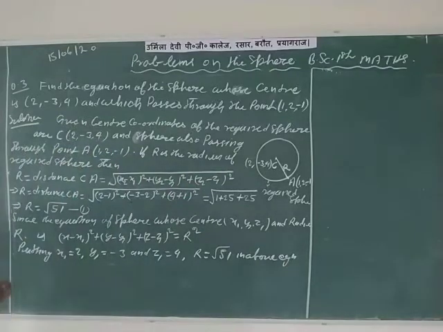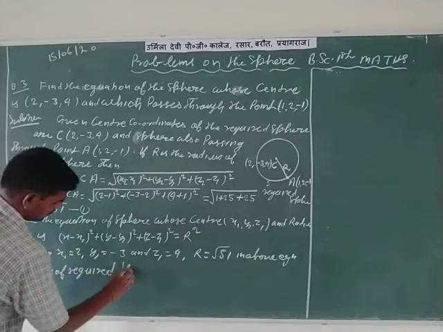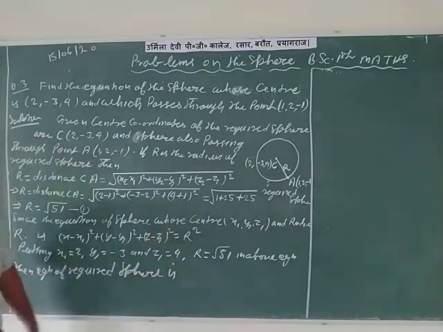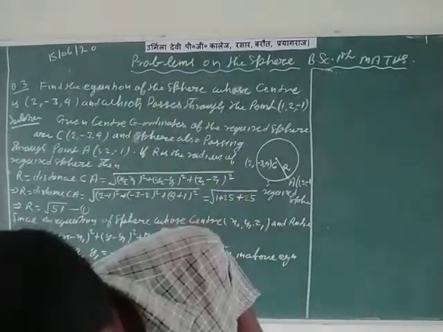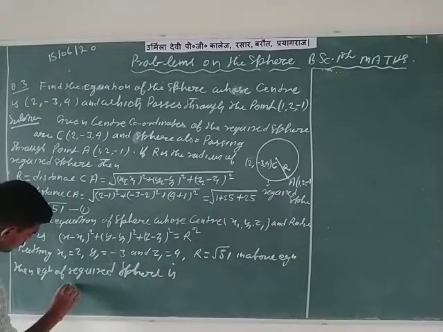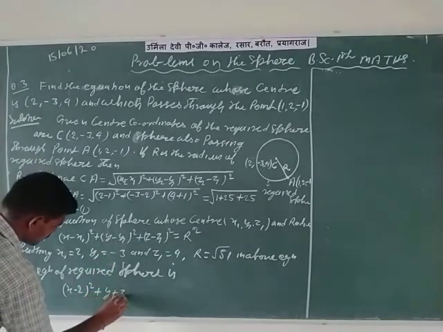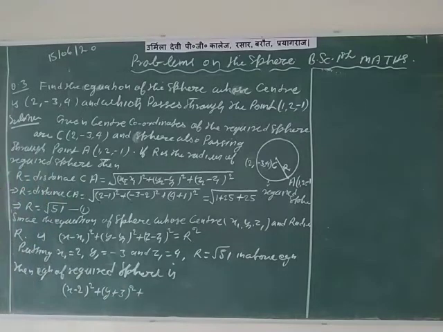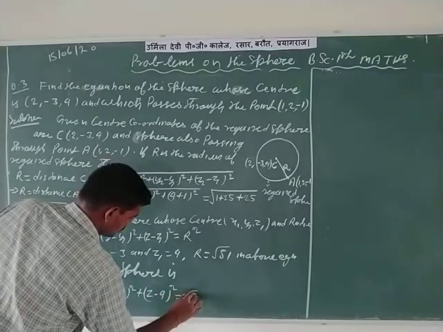Then the equation of the required sphere is: (x minus 2) whole square plus (y plus 3) whole square plus (z minus 4) whole square is equal to R whole square, that is, the square root of 51 whole square.